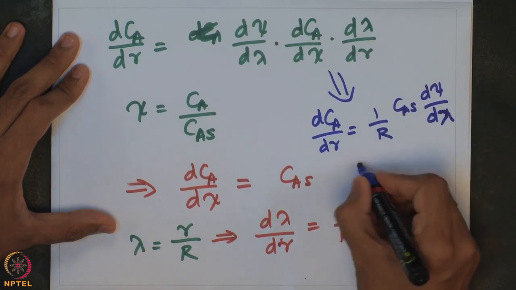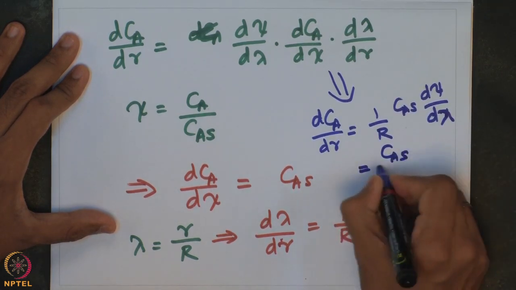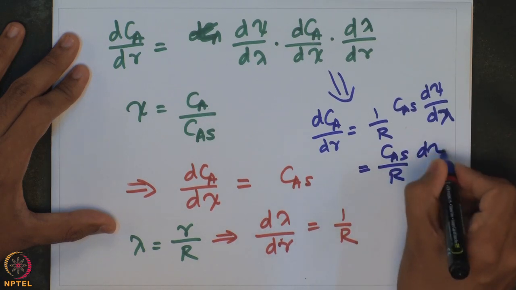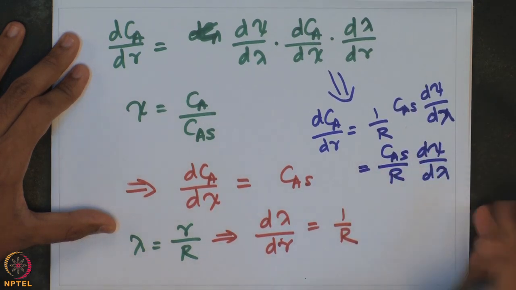Okay. So, that is equal to Cas by R into d psi by d lambda.